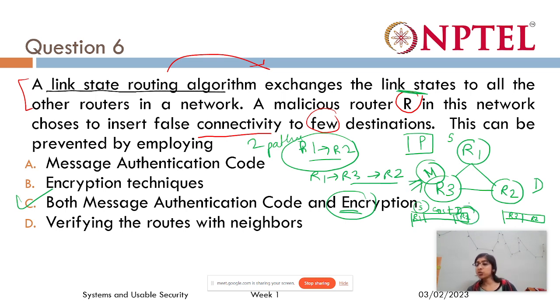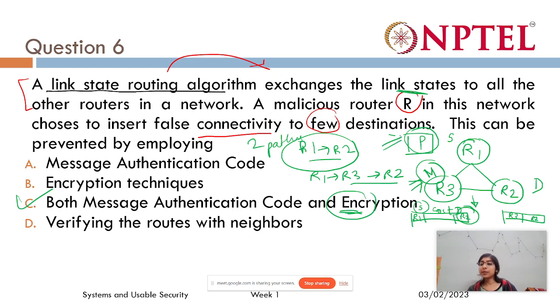It is trying to change the destination to which this packet P should arrive. So if I have already encrypted the data, R3 does not know what information is there, and it cannot modify the data.